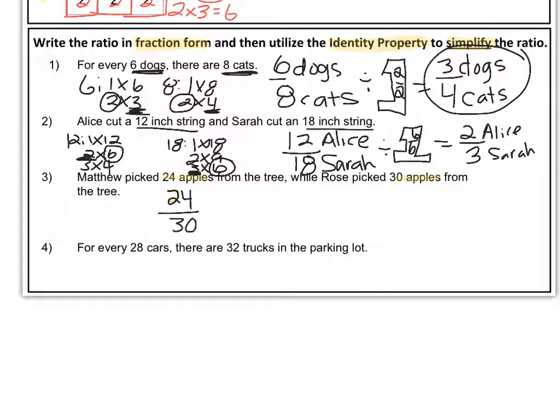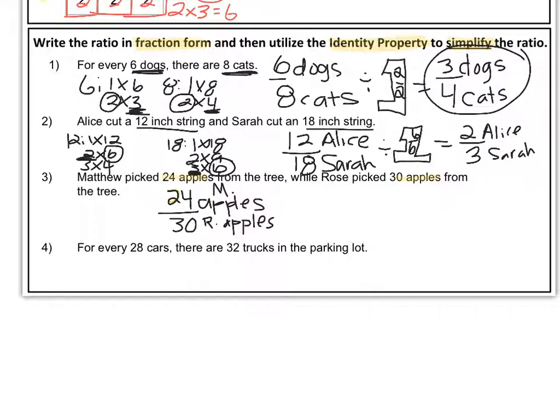And that 24 represents 24 apples. But this is for Matthew, so I'm going to put M with a little period next to it to abbreviate it. So Matthew's apples. And then the 30 is Rose's apples. So I'm going to put R and then apples. Rose's apples.